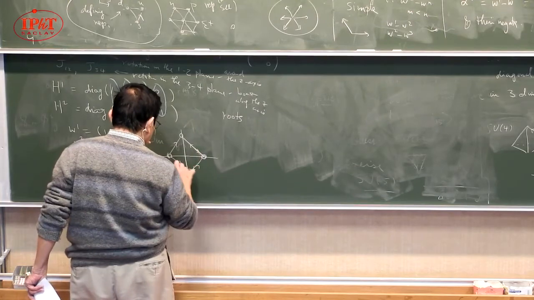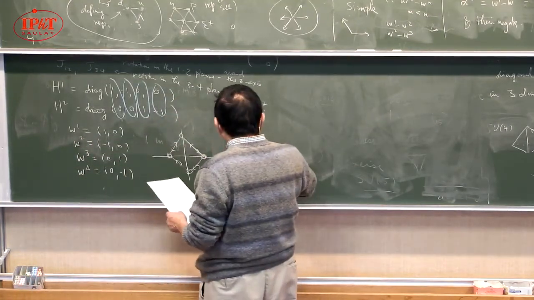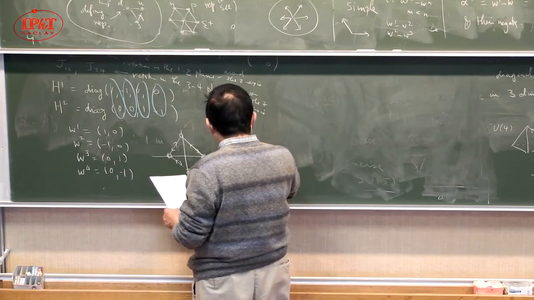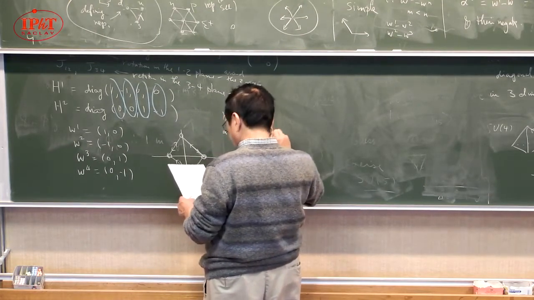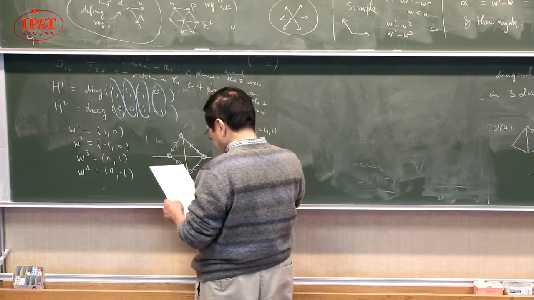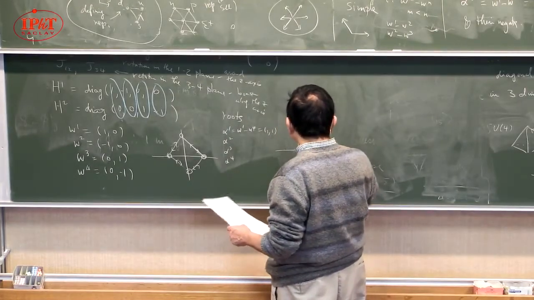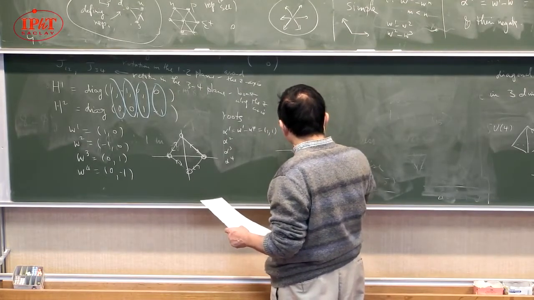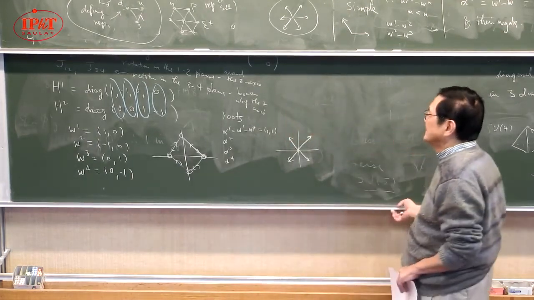But both ways. So the roots, alpha 1, for example, is W1 minus W4, which is 1, 1. And I would not write them down for you. You can write them down. And so the root diagram is just this. Very nice, right?